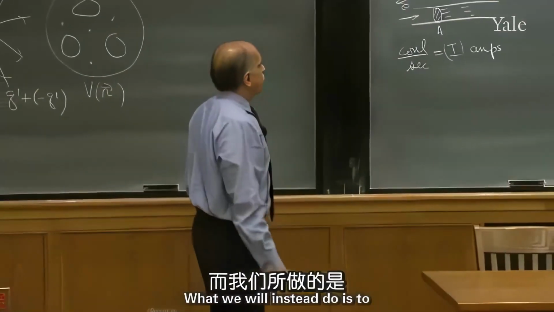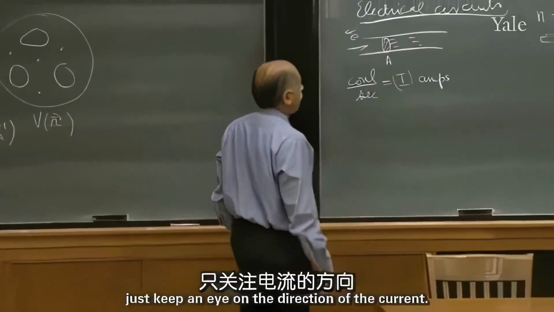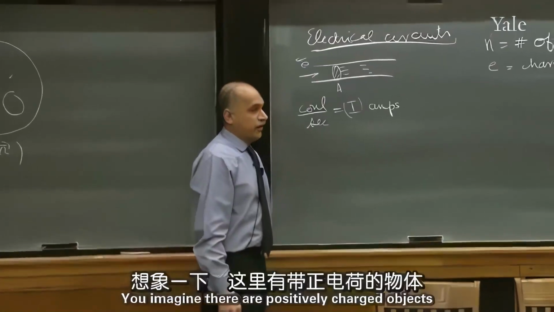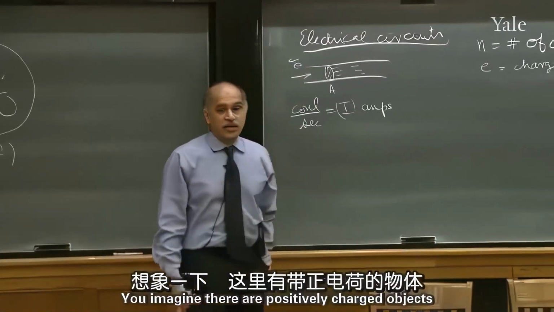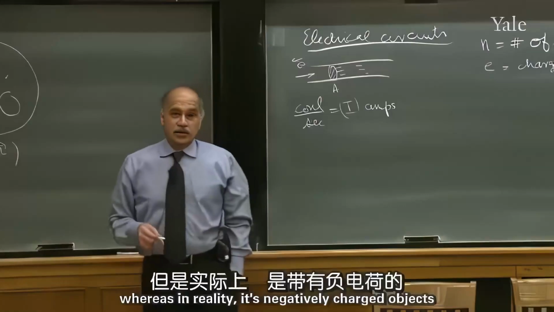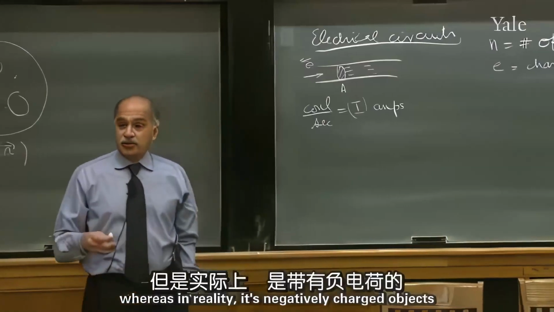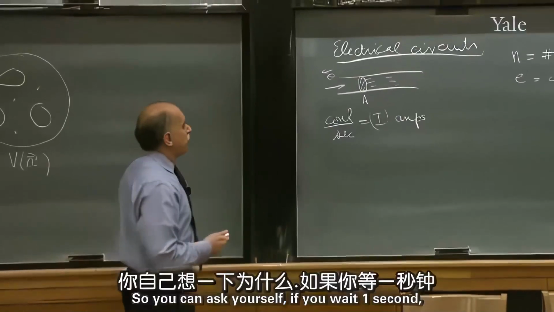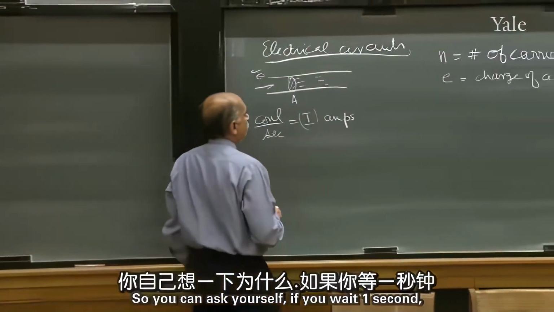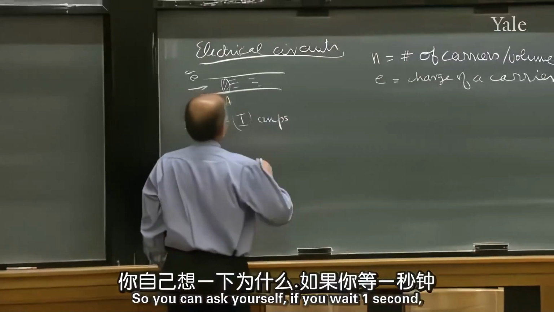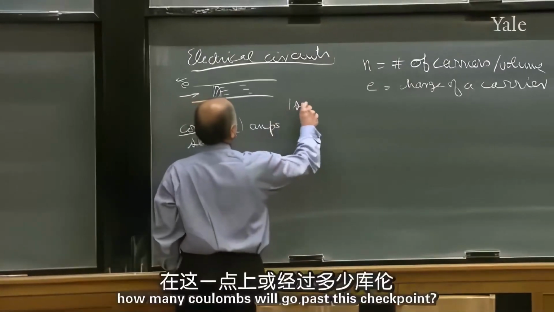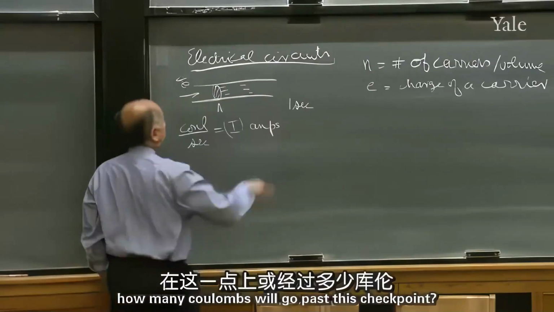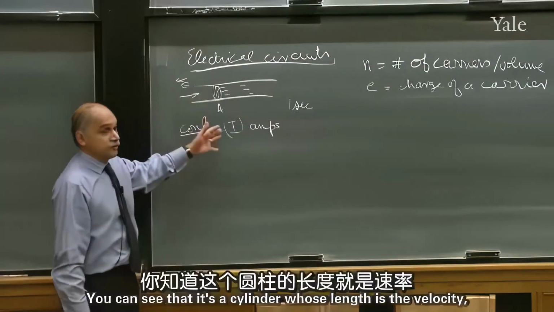What we will instead do is keep an eye on the direction of the current and imagine there are positively charged objects carrying the current in the direction of the current. Whereas in reality, it's negatively charged objects moving in the opposite direction that produce the same current. So you can ask yourself, if you wait 1 second, how many coulombs will go past this checkpoint?